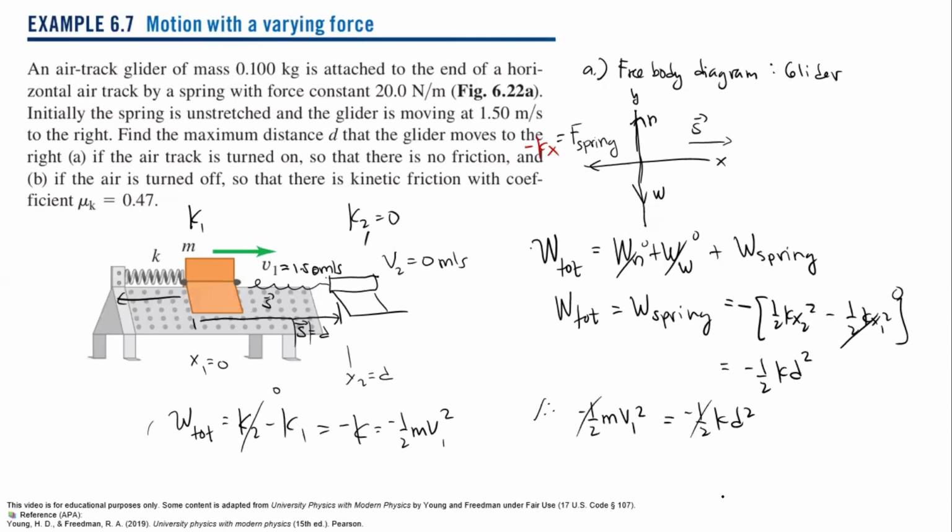So the maximum distance d, if we divide both sides by k, is actually the square root of m v1 squared over k, or the maximum distance is v1 times the square root of m over k.